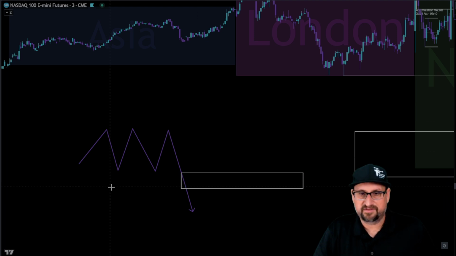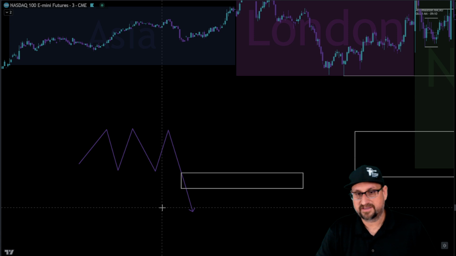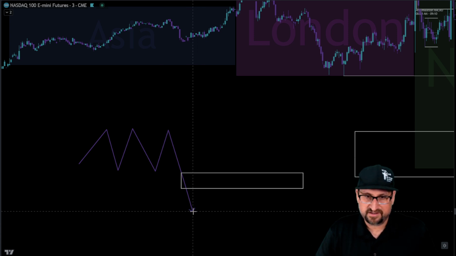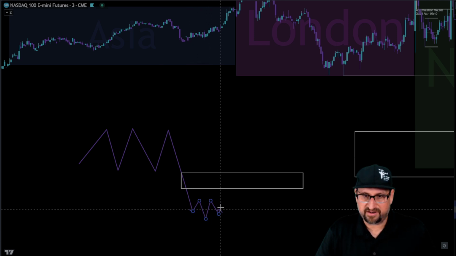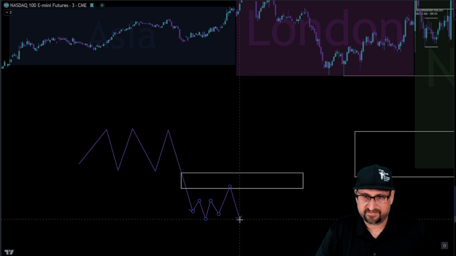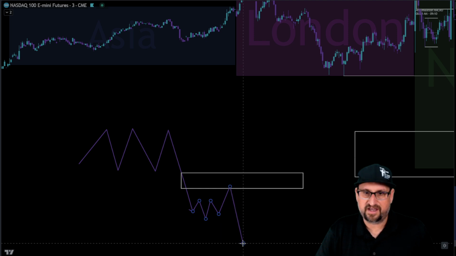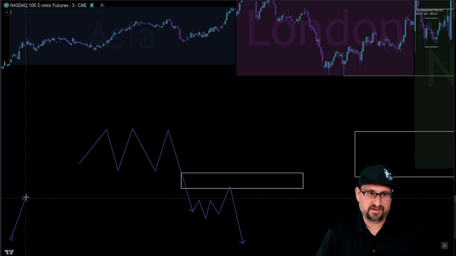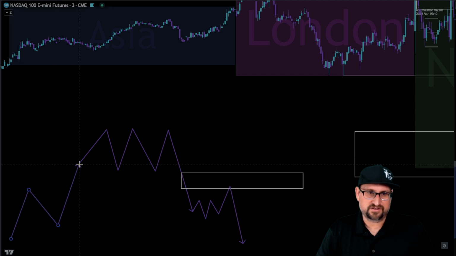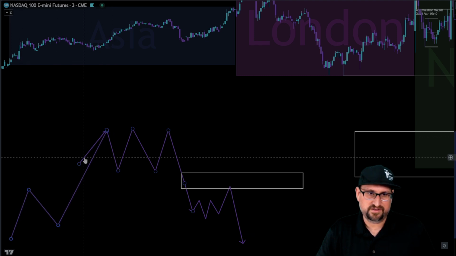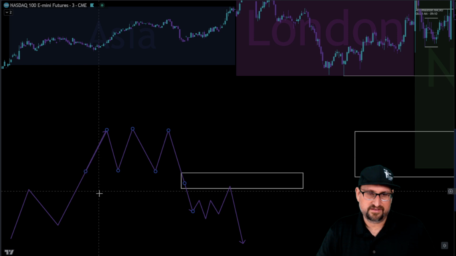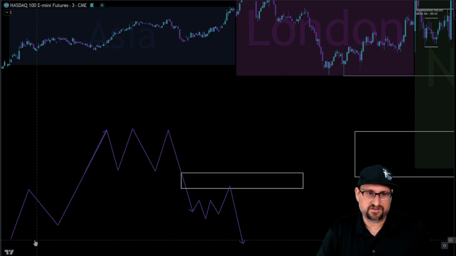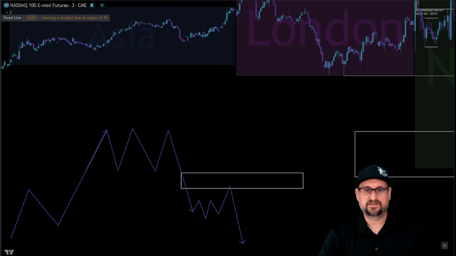It doesn't always happen, but if it's framed correctly with your bias, your top-down analysis, you might get a little bit of action that comes back up and then continues down to some kind of external range liquidity. That's a little crooked, but you guys get the point. Some kind of external range liquidity that was down here, and that can become your target.